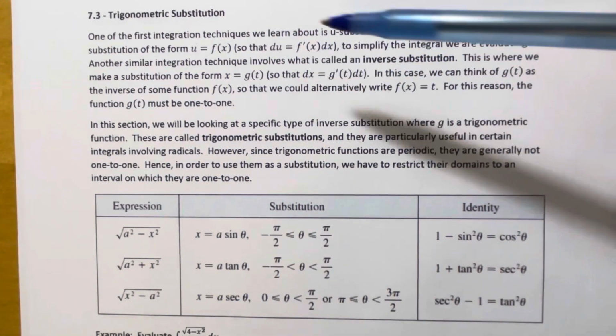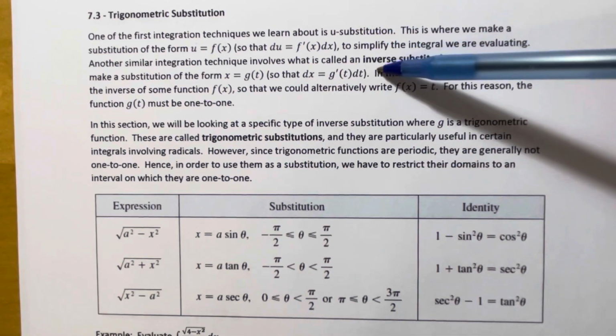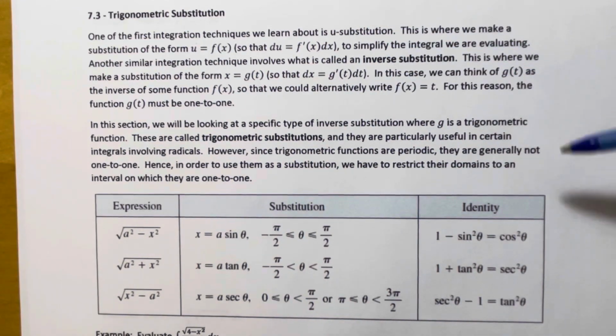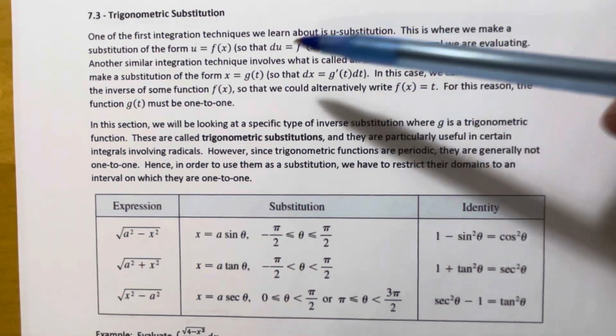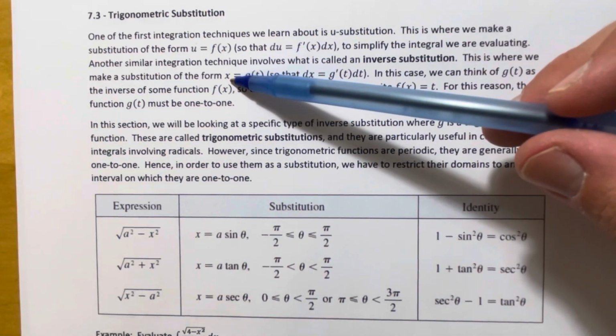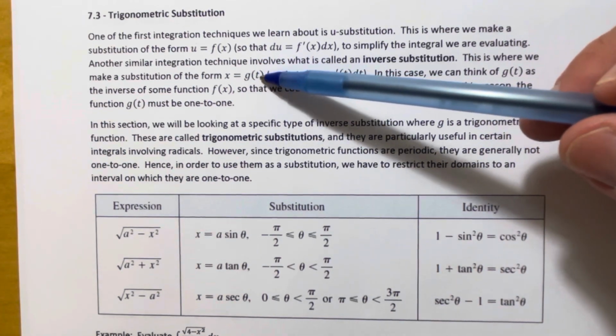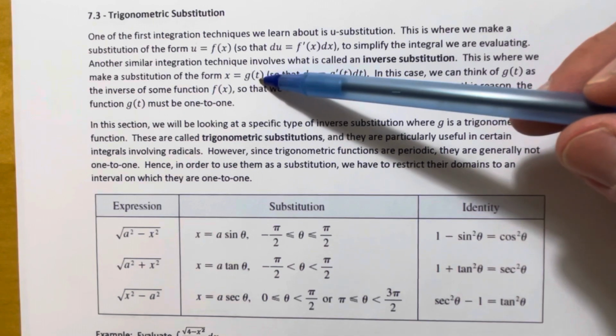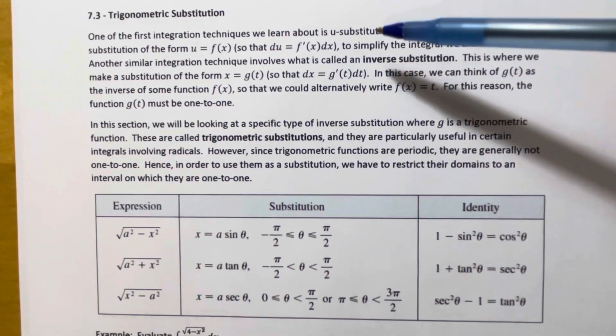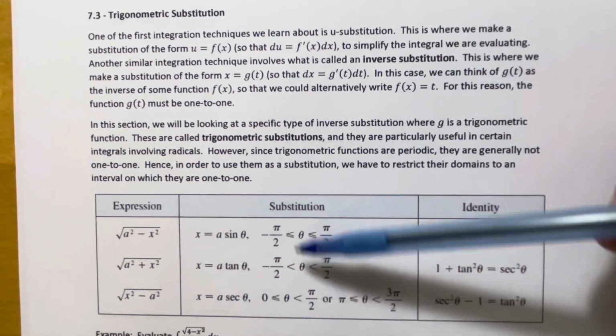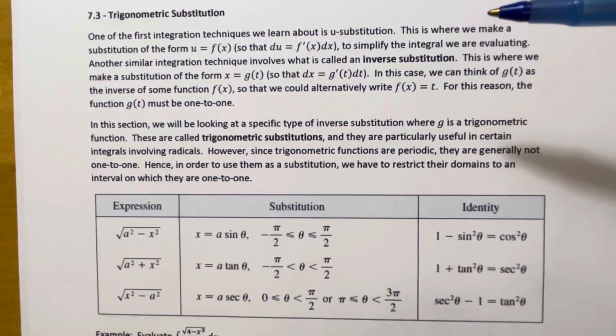Here, with trig subs, and more generally what we call inverse substitutions, trigonometric substitutions are a type of inverse substitution. We're actually taking the original variable x and setting it equal to a function of some new variable. And here I'm writing g of t as that new variable, but actually in this section we're going to be using thetas instead of t's for the most part.